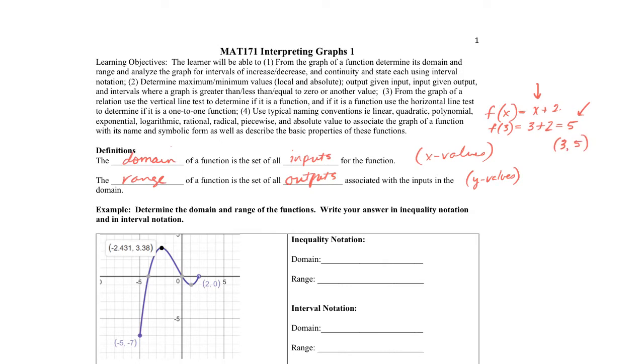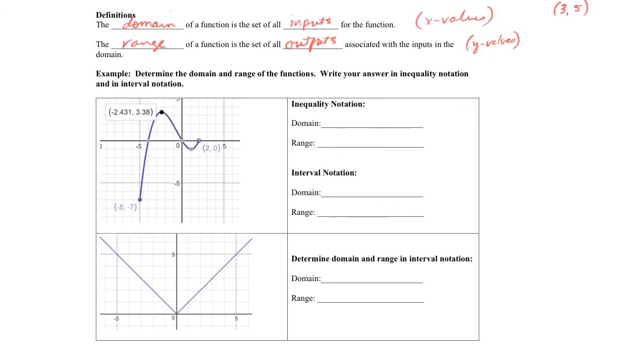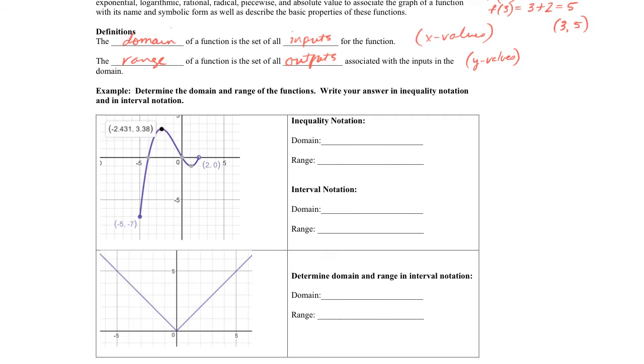So we've got some examples, and we're asked to determine the domain and range of each of the functions, and we're going to write our answer in inequality notation and also in interval notation. Inequality notation means we're going to use less than or equal to, greater than or equal to symbols. So those are inequalities.